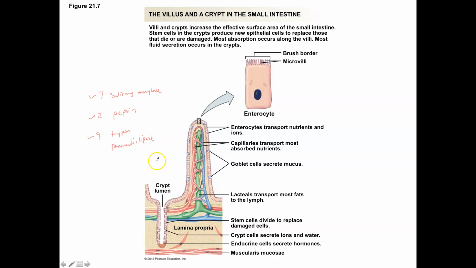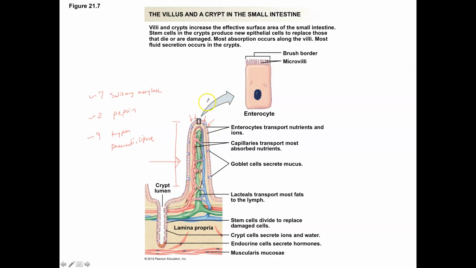So this diagram represents a villus structure. You can see that this villus structure is essentially an extension of the mucosa and submucosa. And this villus will have all of these epithelial cells that line this structure.